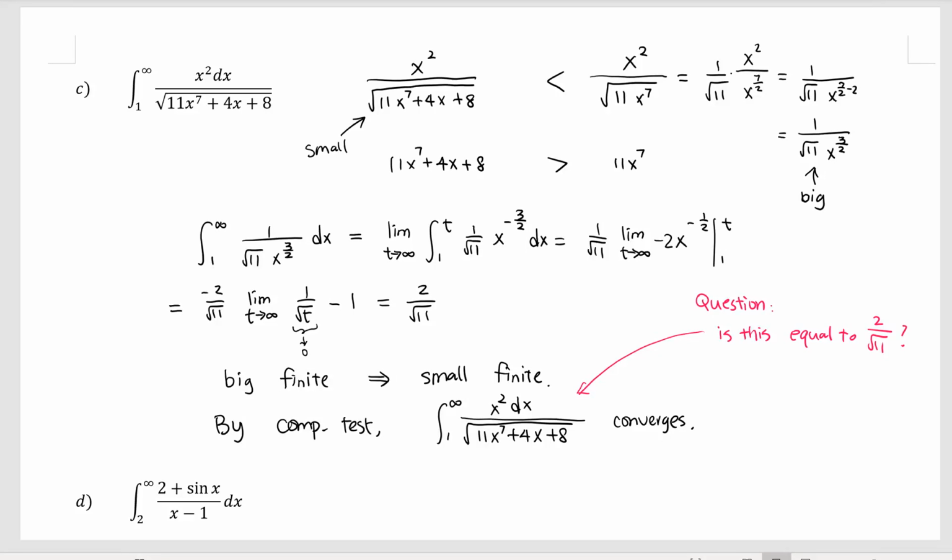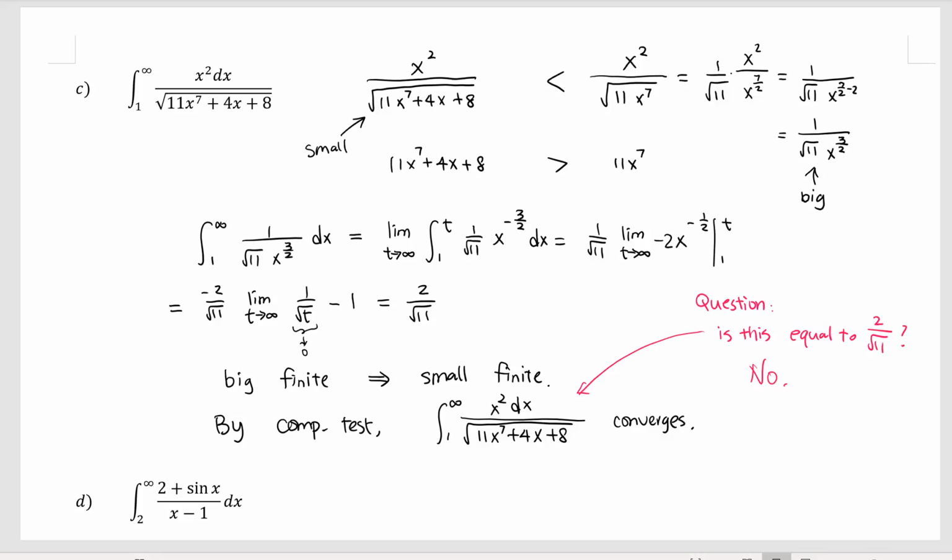No. We know the big integral is finite, and the smaller one, we know its integral is less than 2 over square root of 11. But we don't know the exact value. So we only know it converges. So the answer is no. We only know it converges, but we don't know what number it converges to.